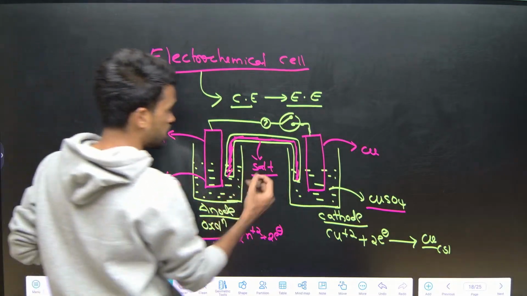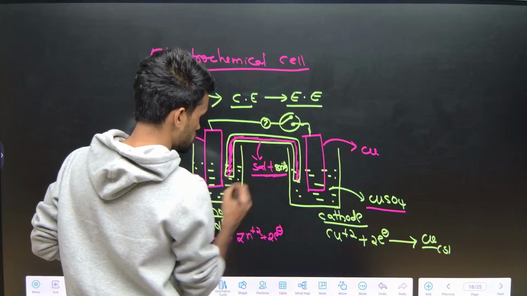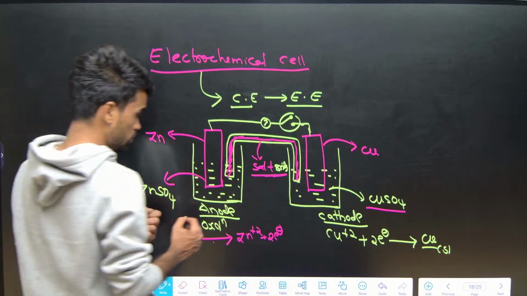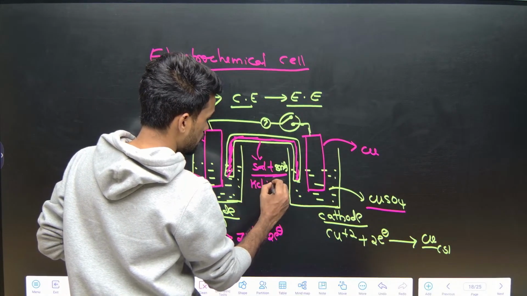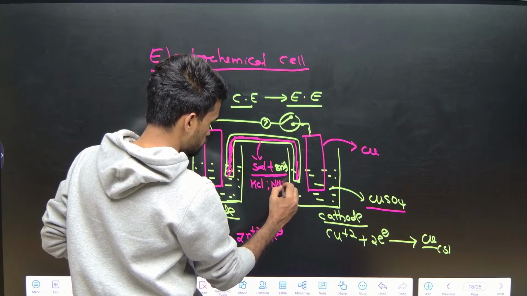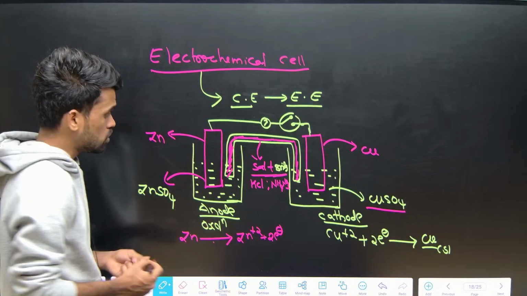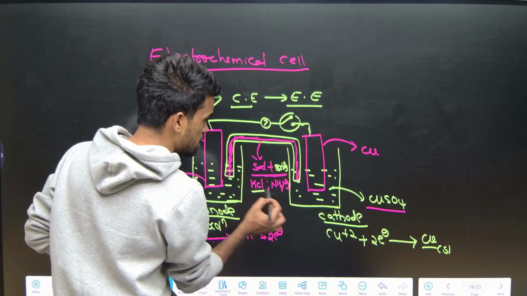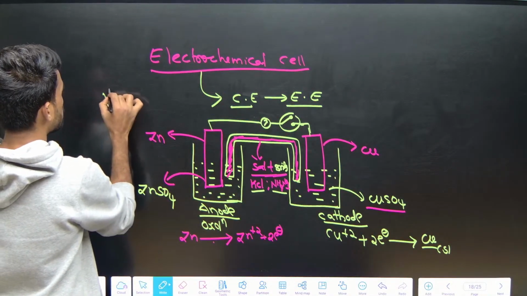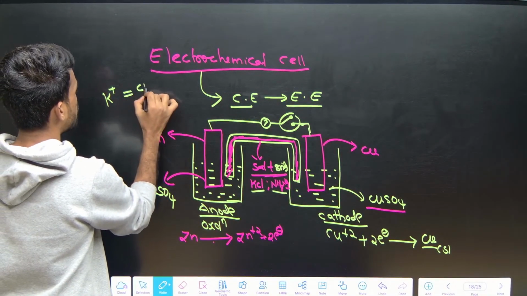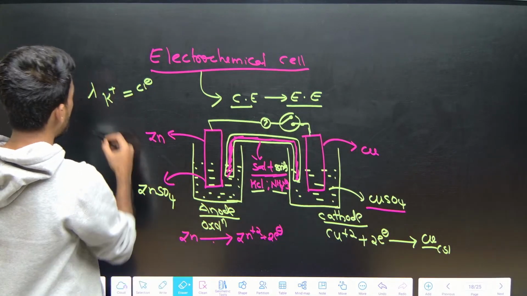And in this salt bridge, what are we using? We are using electrolytic solutions like inert electrolytes. What are examples of inert electrolytes? Like KCl and NH4NO3. You should not use just any electrolyte, there should be some specific ones only. Why am I preferring KCl or NH4NO3 here? Because the transport number of cation and transport number of anion, meaning the mobility of cation and anion, will be almost the same.